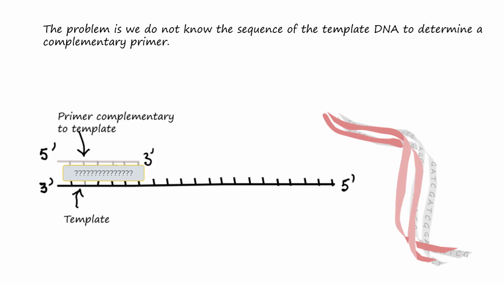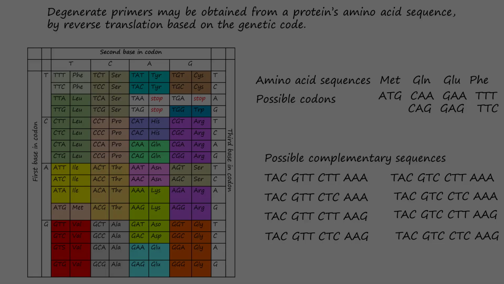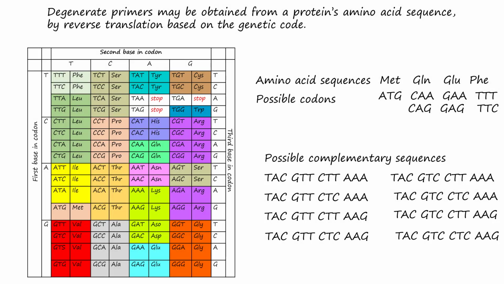The problem is we do not know the sequence of the template to determine a complementary primer, but the problem has been solved. If the sequence expresses a protein, reverse translating the gene based on the genetic code can provide degenerate primers.